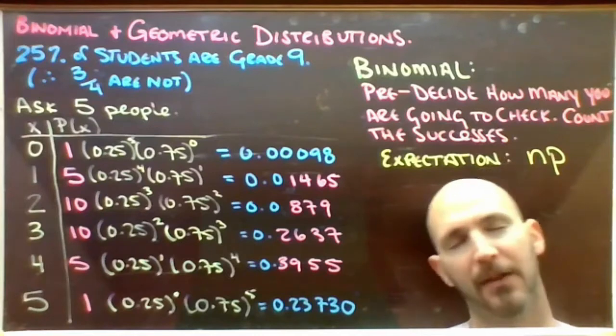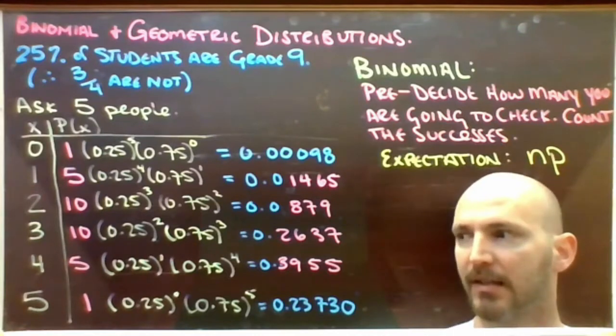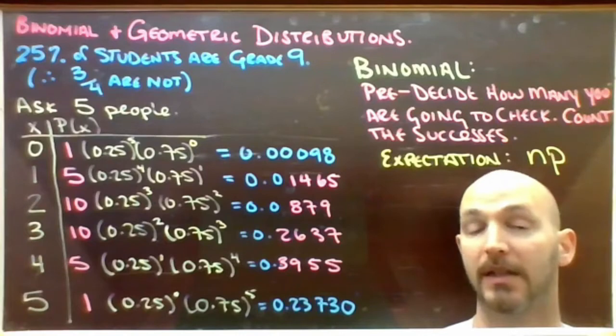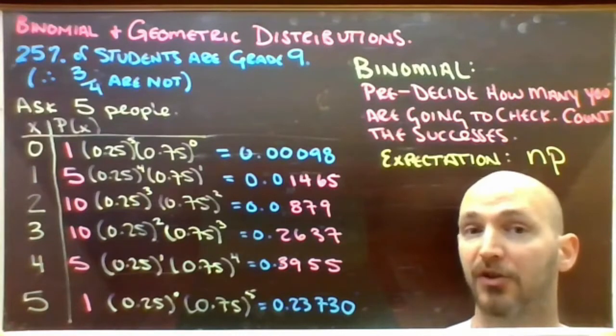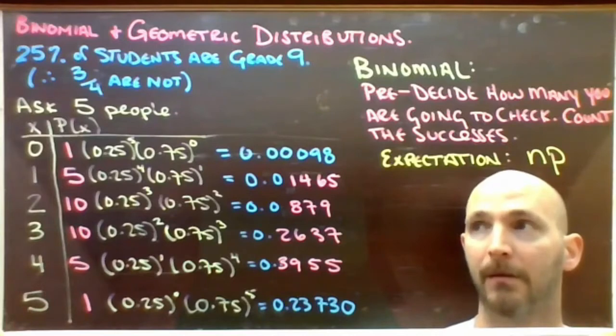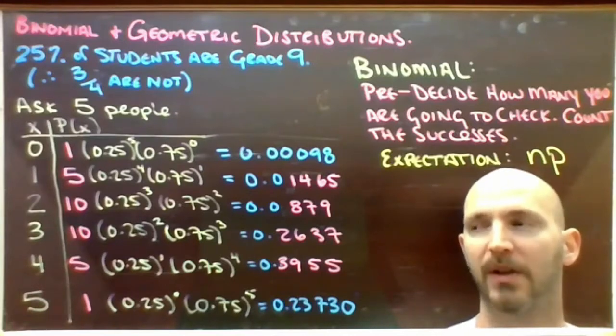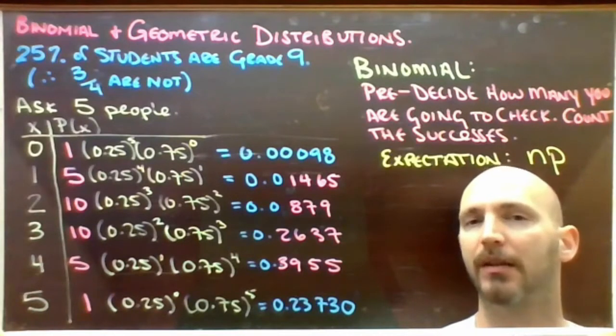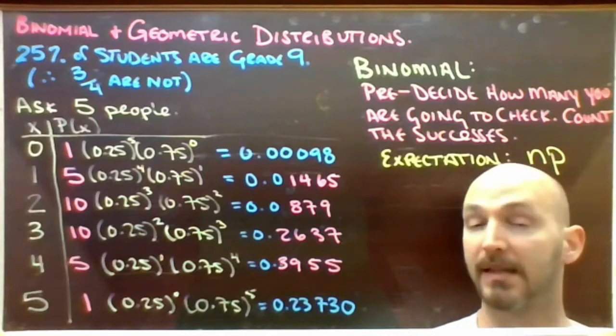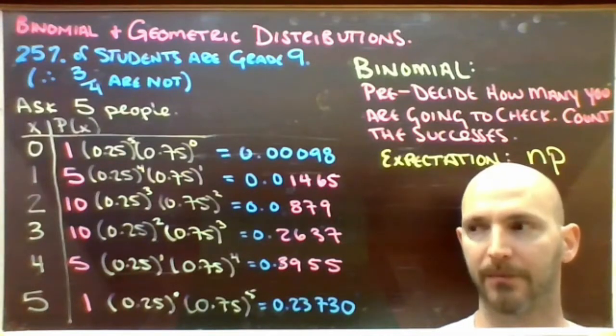So in the other example, the geometric series, the cookie jar problem was, I'm going to take off the lid and I'm going to keep throwing cookies in the garbage until I get the chocolate chip cookie I want. In a binomial way, I would dump 8 cookies on the counter and then see how many of them were chocolate chip.